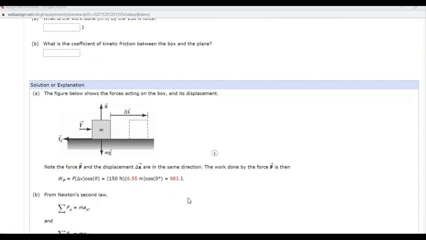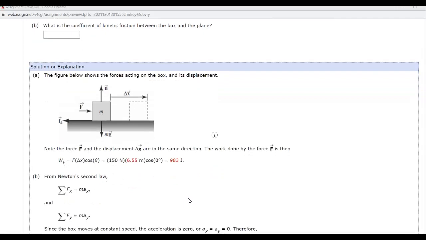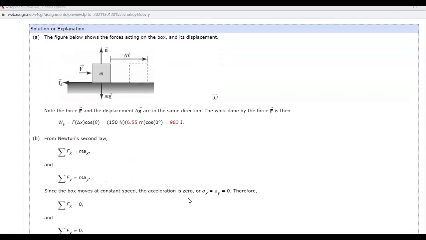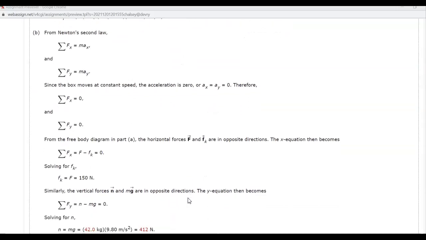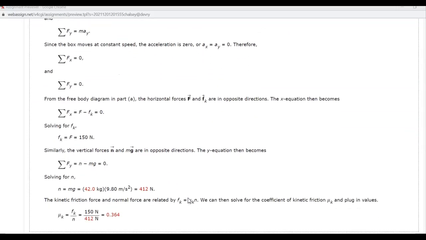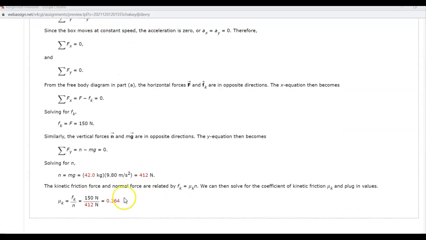Okay, and B wants to know the coefficient of kinetic friction between the box and the plane. So from Newton's second law, the sum of the forces in the y direction is equal to the normal force minus the mass times gravity.